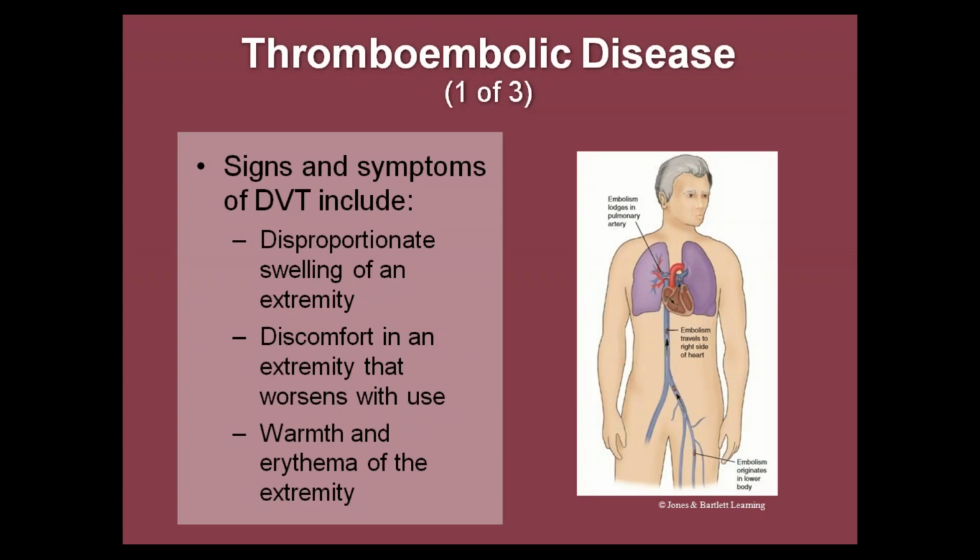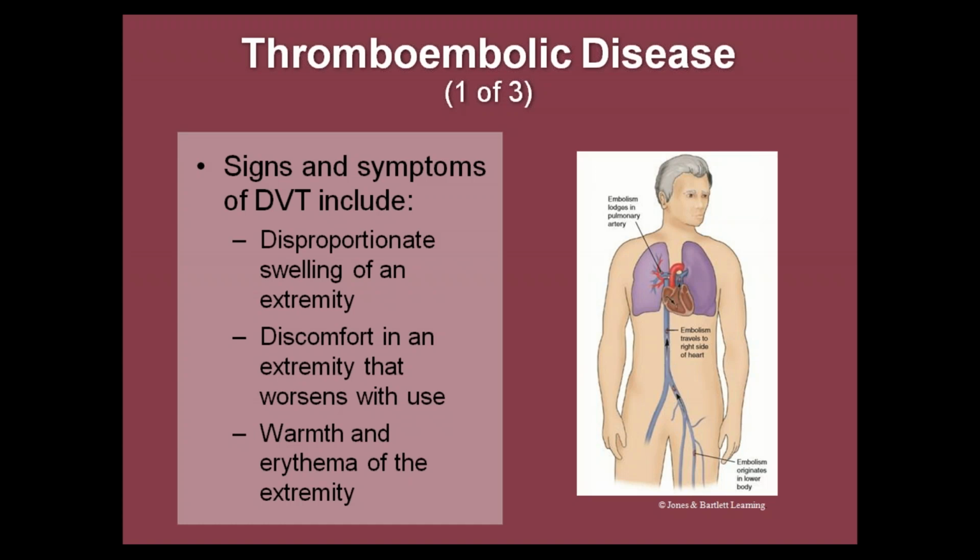Thromboembolic disease is signs and symptoms of DVT. So this is your DVT. Disproportionate swelling of an extremity. They're going to have extreme discomfort. They could have pain. It's going to be worse on that affected extremity. The temperature is going to be different.